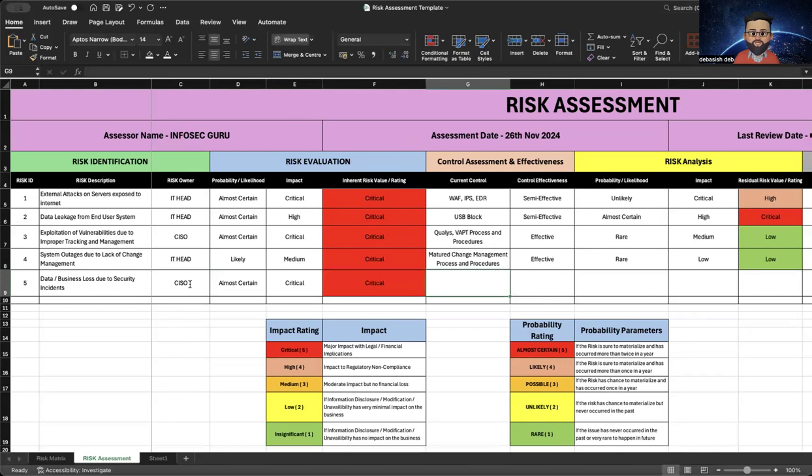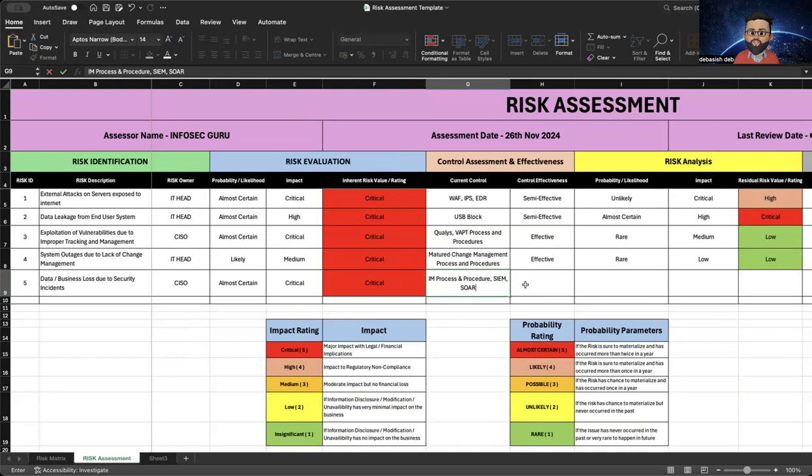Now, what is our current control? We have incident management process and procedure. We have our SIEM tool. We have SOAR tool, which is integrated with our EDR and which is marking the incidents.